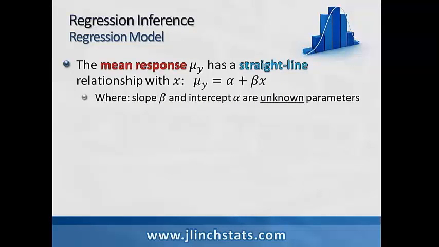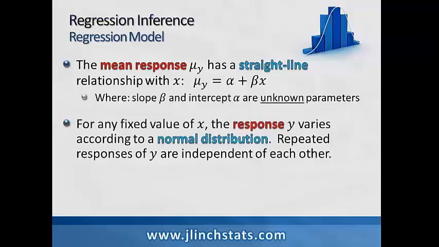Now the mean response mu sub y has a straight line relationship with x such that mu sub y equals alpha plus beta x. This is our least squares regression model from the population of all values of our bivariate data, where the slope beta and the intercept alpha are both unknown parameters.